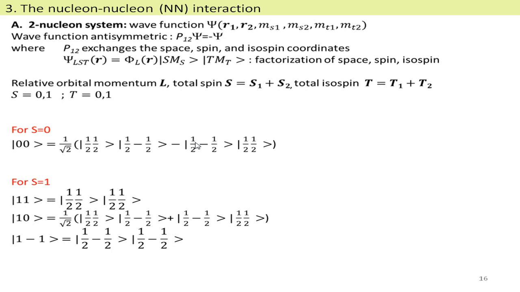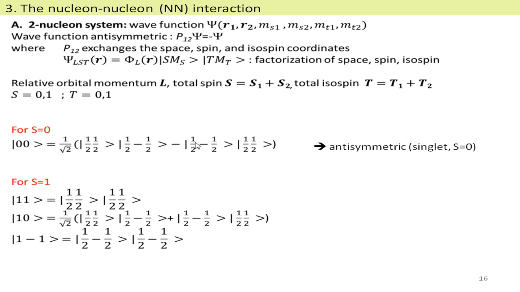So if you couple two particles with spin 1/2 to an S equals 0 state, you have the two Clebsch-Gordan coefficients. So these are the individual wave functions. And you can see that this wave function is antisymmetric. You have a minus sign here.